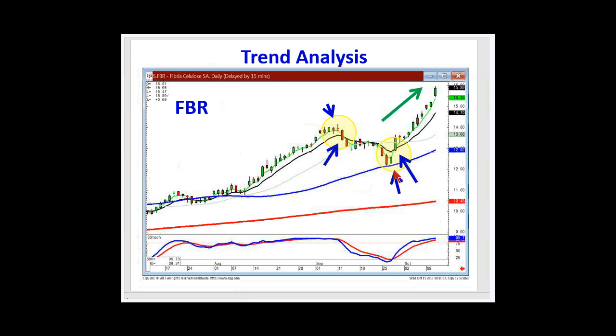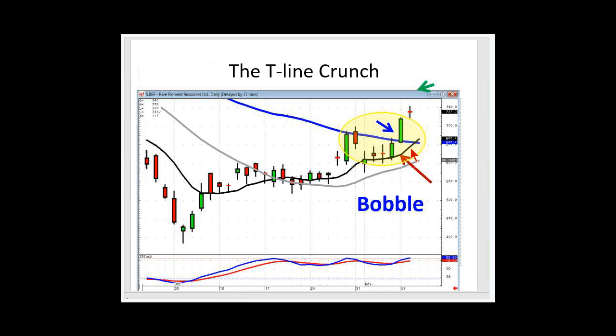Anytime you see the level that everybody else is watching, we've got that much more clarity of what's happening as far as investor sentiment. We can also use it to our advantage, and the J-hook pattern becomes more compelling. You get the Bobble breakout because everybody's watching to see what happens here.